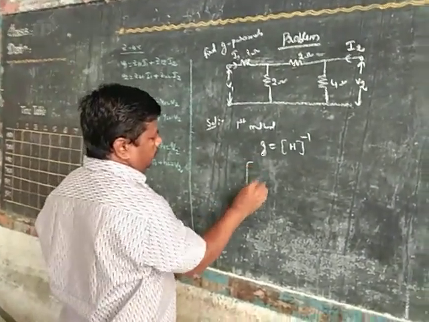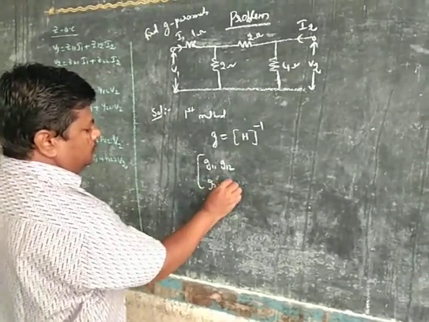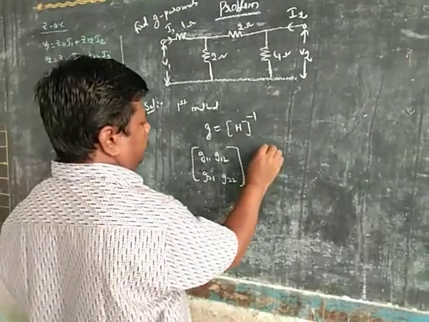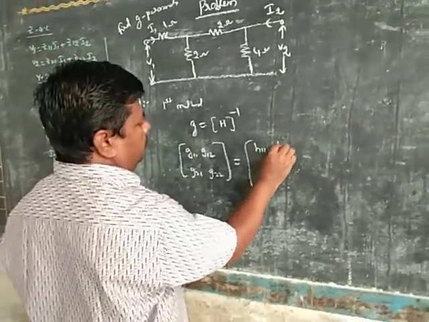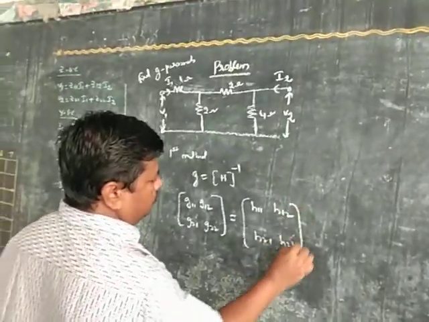Okay. G11, G12, G21, G22 is equal to the inverse of H11, H12, H21, H22.